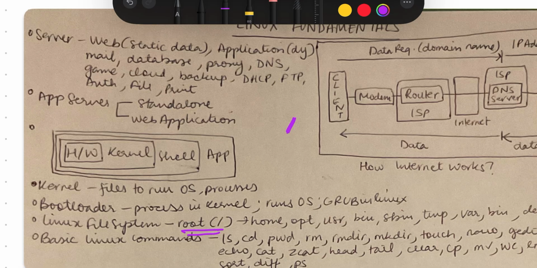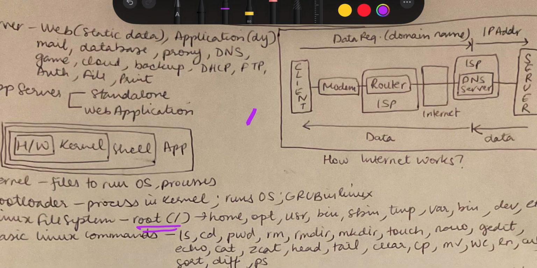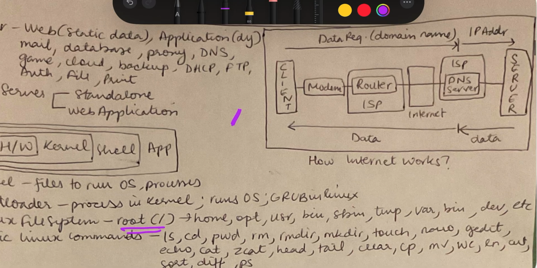We will learn about the file system later, but these are the basic directories inside of the root: home, opt, user, bin, which stores the binaries, and then we have dev. Oh, I wrote bin twice, never mind. Then tmp, and var, which stores the logs and many other things. And etc is a directory inside of root. Okay, great.